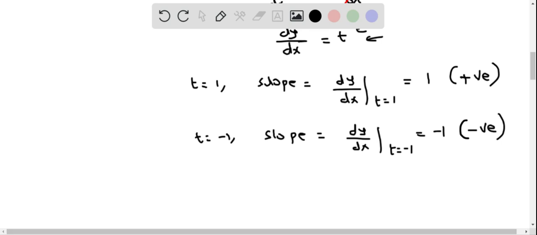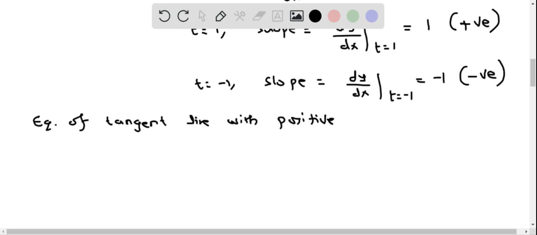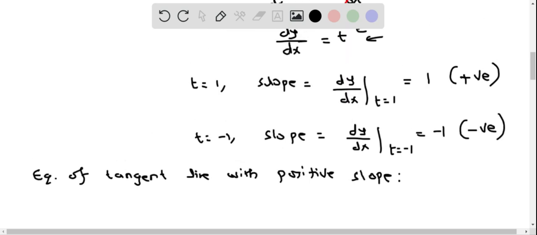So let's find the equation of the tangent line with the positive slope. We already determined that the slope is positive only when t equal to 1.